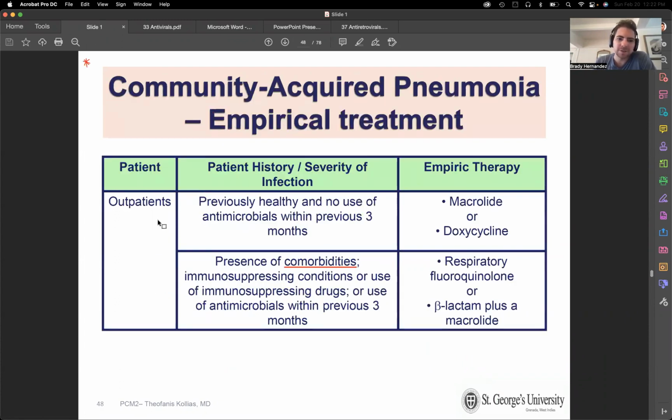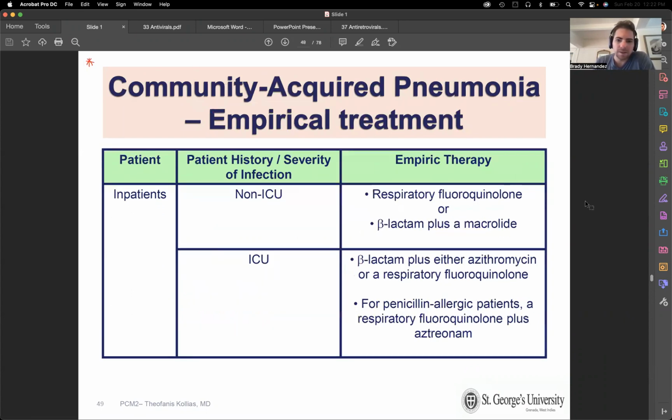They could ask you differences between outpatients versus inpatients. I've seen questions where they do inpatient and they ask for a two drug combination, right? So for here, empiric therapy, you wouldn't just give a fluoroquinolone, you'd have to give the two drug combination. That may have been on one of the IMCQs.